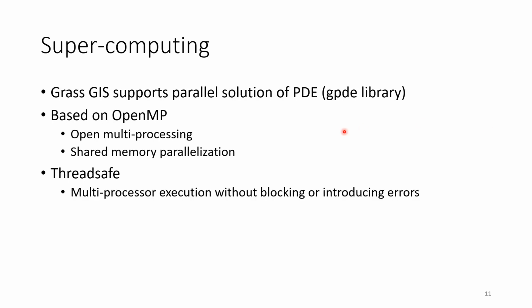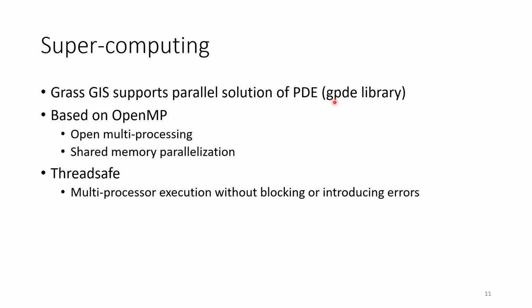I also talk with you about supercomputing and supercomputing technologies. Here too, GRASS GIS supports parallel solutions of the partial differential equation, again as part of its internal mathematical library to solve partial differential equations. The parallelization technique here is based on OpenMP, which is a quite famous open source parallelization library. It's called Open Multiprocessing, so the open here relates to open source software. And it's a shared memory parallelization, right?